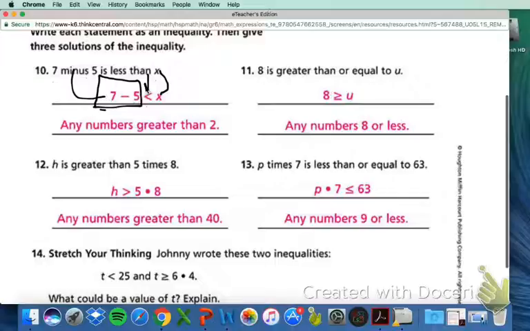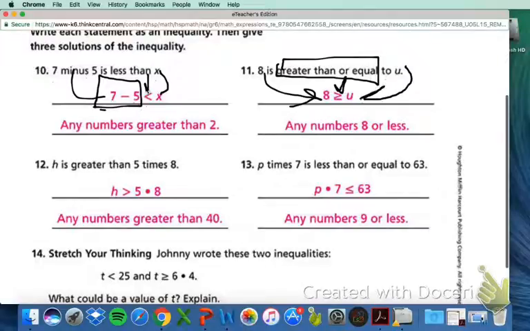So if you have 3, 4, 5, 6, 7, any one of those numbers, you're great. 8 is greater than or equal to u. Here's our 8. Greater than or equal to, making sure we put that line underneath to know that it's equal to, and u. We're good. Any numbers 8 or less. So you can use 8 because it's greater than or equal to.